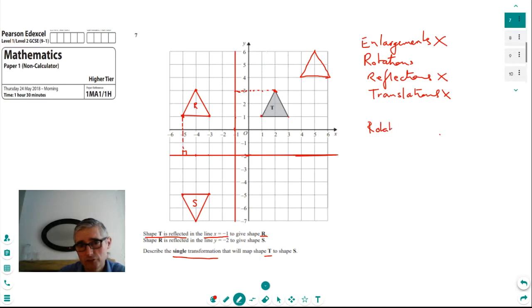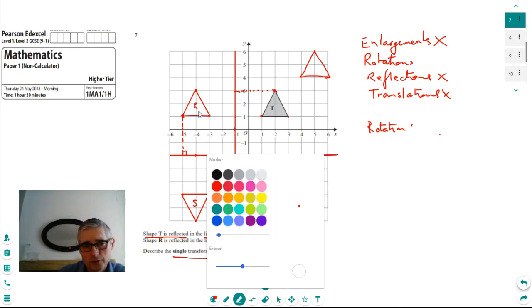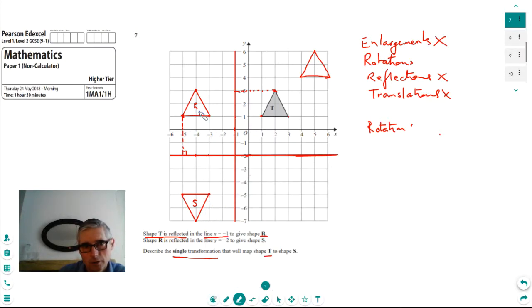So it's a rotation. And the way we look at a rotation is, you could imagine placing a piece of tracing paper. So I'll try and pick a fairly light colour. Imagine this was a piece of tracing paper over our shape there, T, that we wanted to rotate.